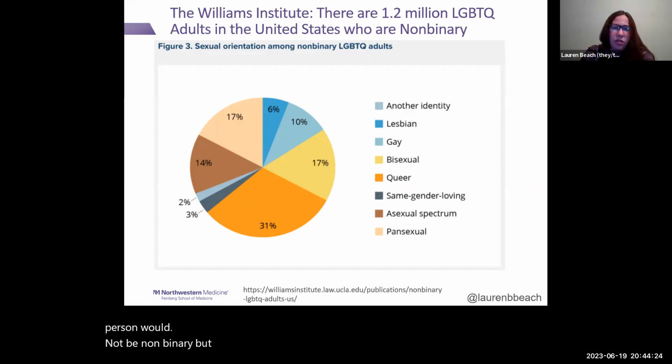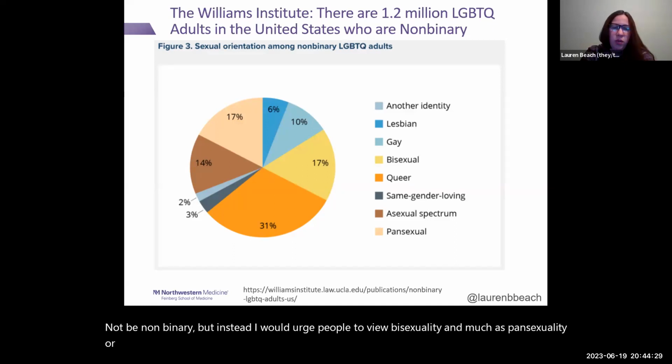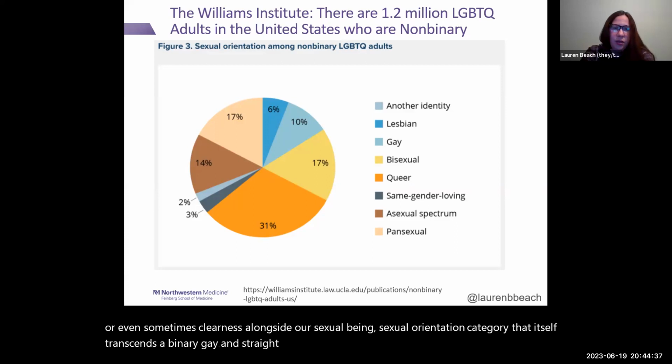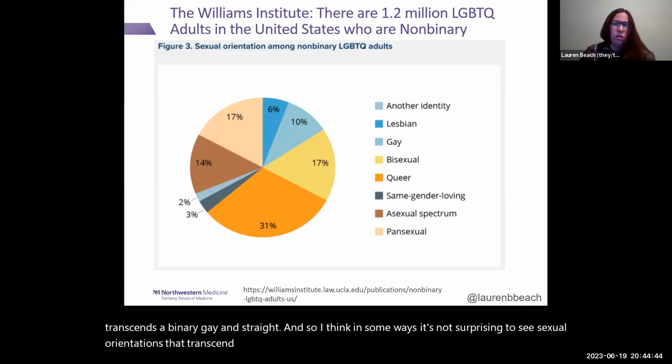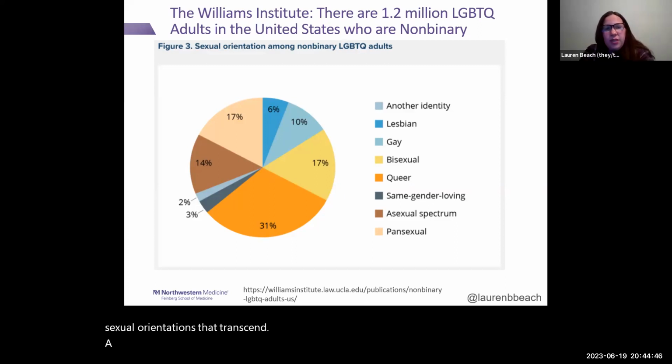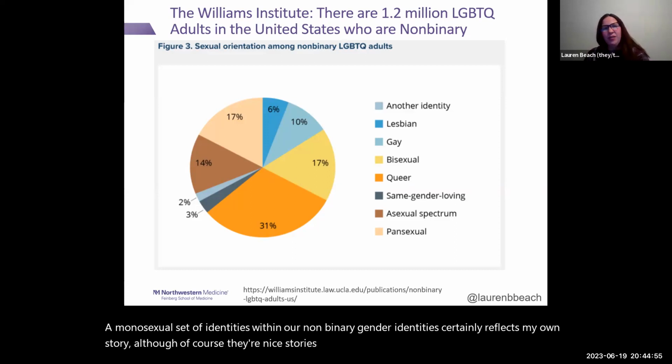But instead, I would urge people to view bisexuality, much as pansexuality, or even sometimes queerness, as a sexual orientation category that itself transcends a binary of gay and straight. And so in some ways it's not surprising to see sexual orientations that transcend a monosexual set of identities within a non-binary gender identity. It certainly reflects my own story, although of course there are many stories besides my own.